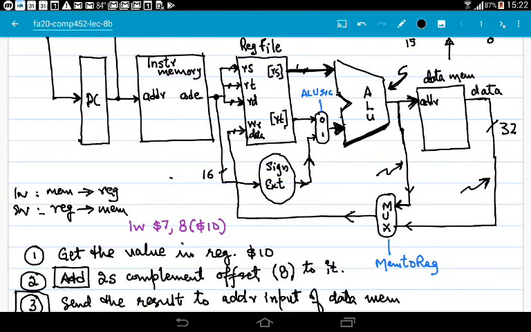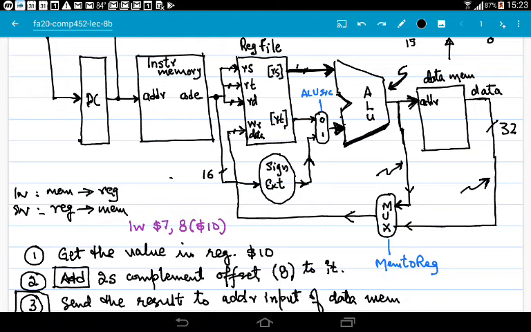So that's why we will set mem to reg in such a way that this data goes to the output and then gets stored in the register file. All right, so far so good.